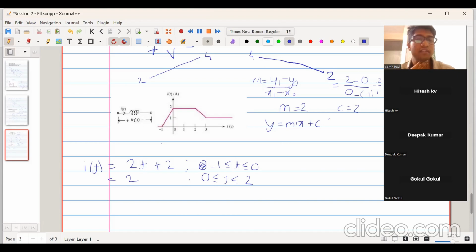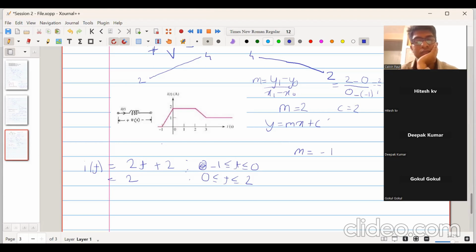Now we want to find the equation for this segment. This is a bit complicated. Can anyone tell me how we will proceed with this? What's the slope? -1, sir.